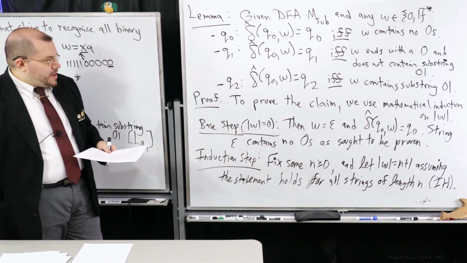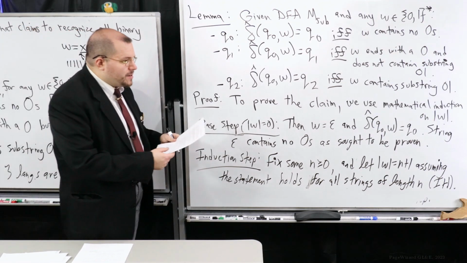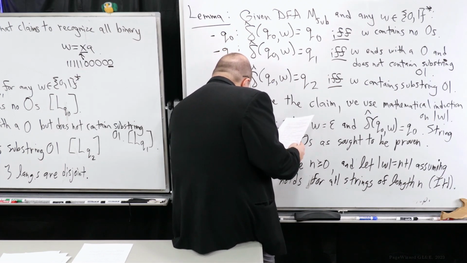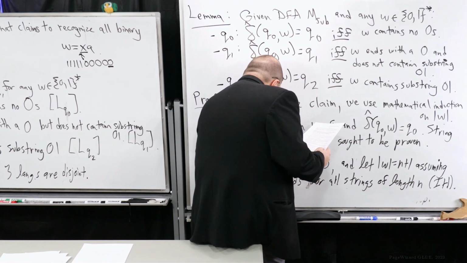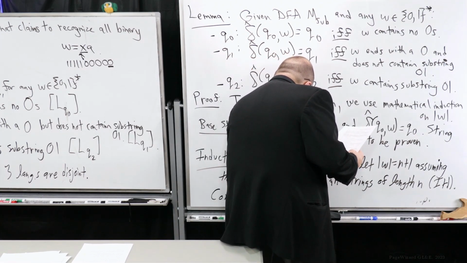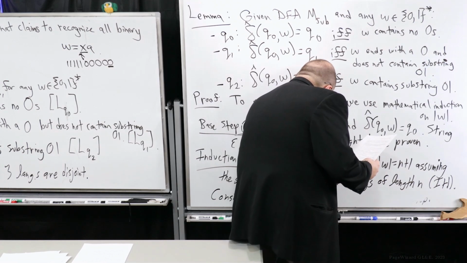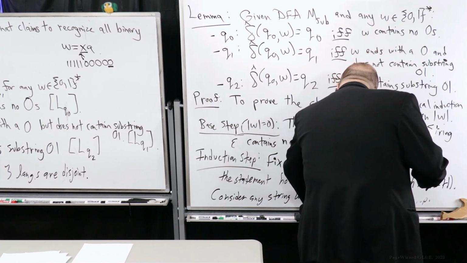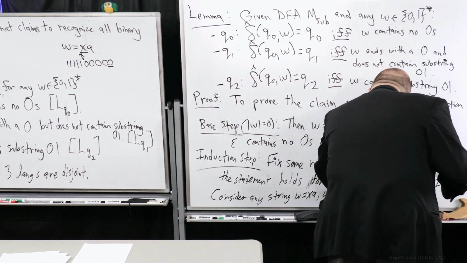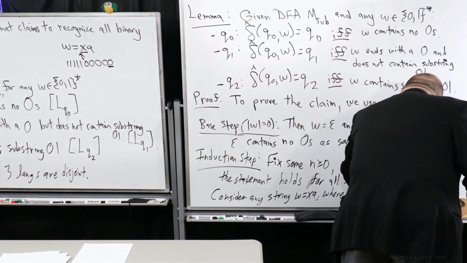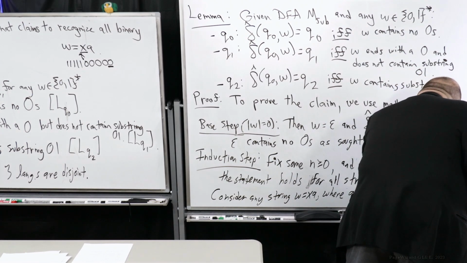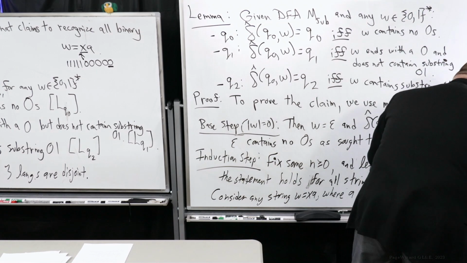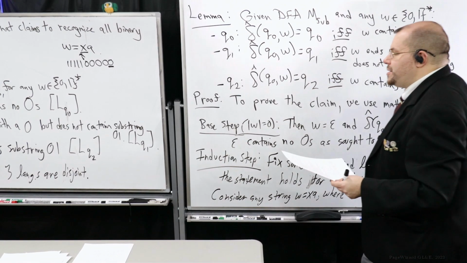As we've seen before, we're going to now consider any string W equals XA, where A is the last symbol of W. So now let's proceed.